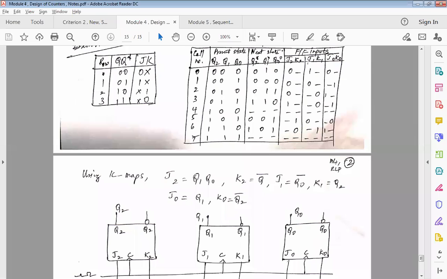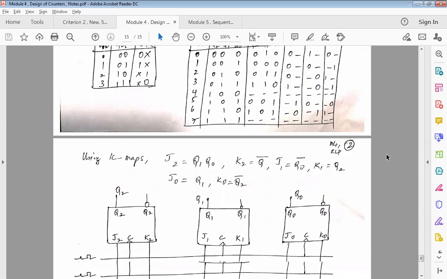Similarly, J1, K1, person B. So it is one set. I cannot have J2, J1 in one set and K2, K1 in another. As a whole, this is a flip-flop, without which I cannot call it a flip-flop. So J2, K2 is one set, another set, another set.